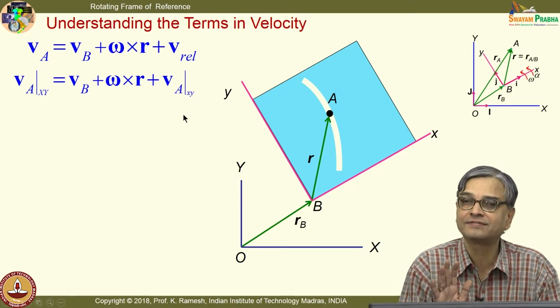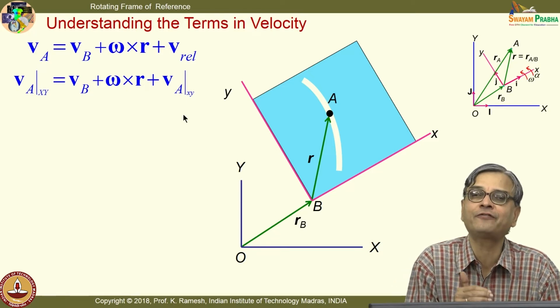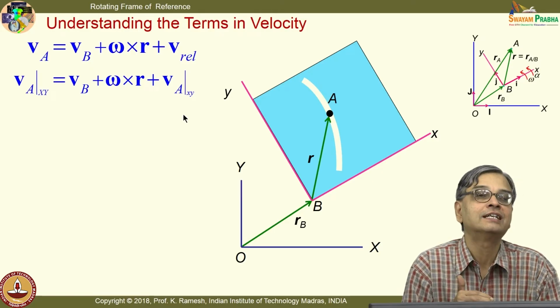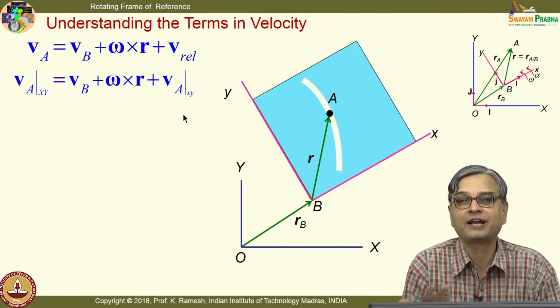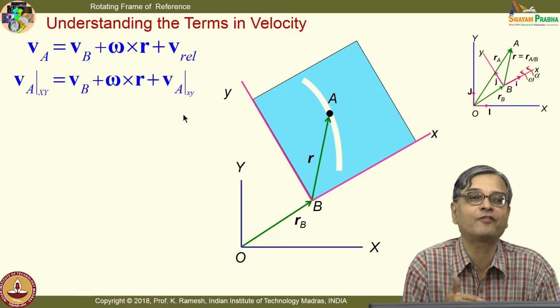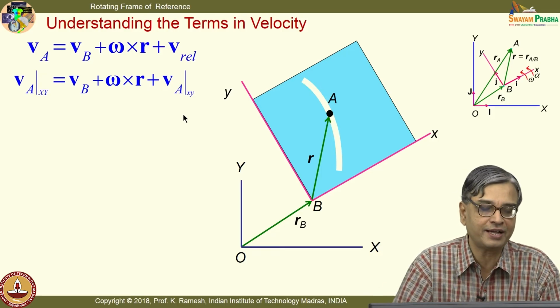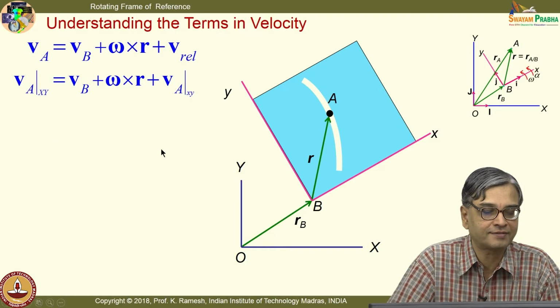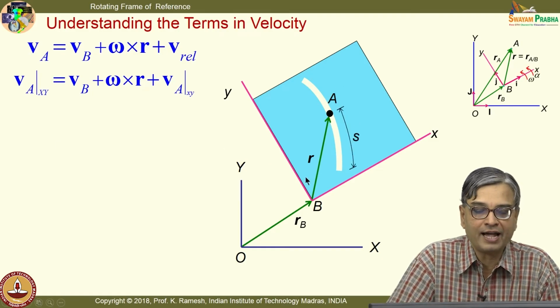Is the idea clear? This is what I am going to explain from different perspectives. Certain perspectives will be clear for some students, other perspectives will be clearer for a larger class of students. Okay. Let us see what it is. Now, I have this point located at a distance S, and we know very well that this is rotating with an angular velocity omega.